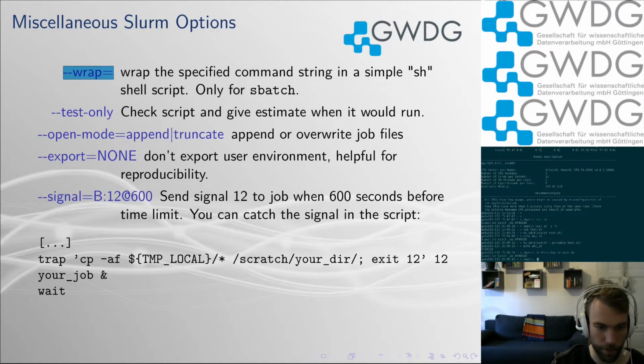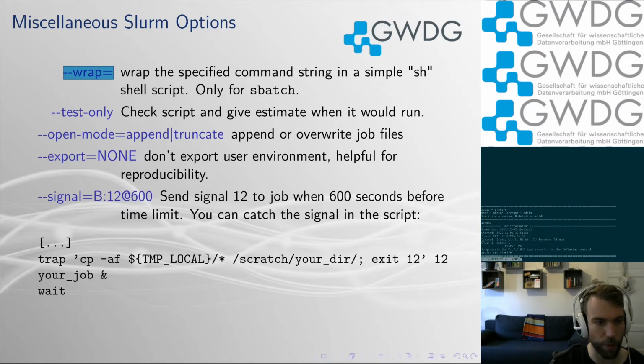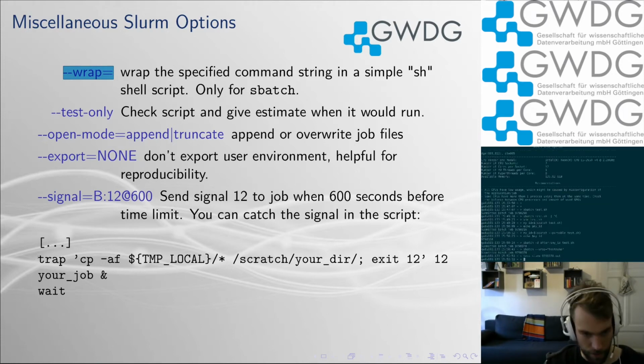For example, if I want to run hostname, this just wraps the command into a small script without you having to write a whole script. So this is all that happens, and this is the output of the hostname command. That's sometimes quite useful.